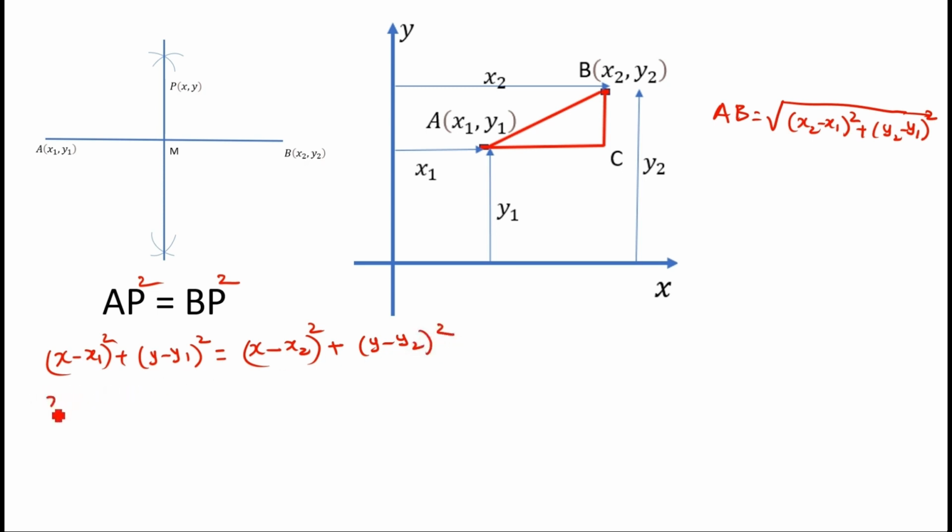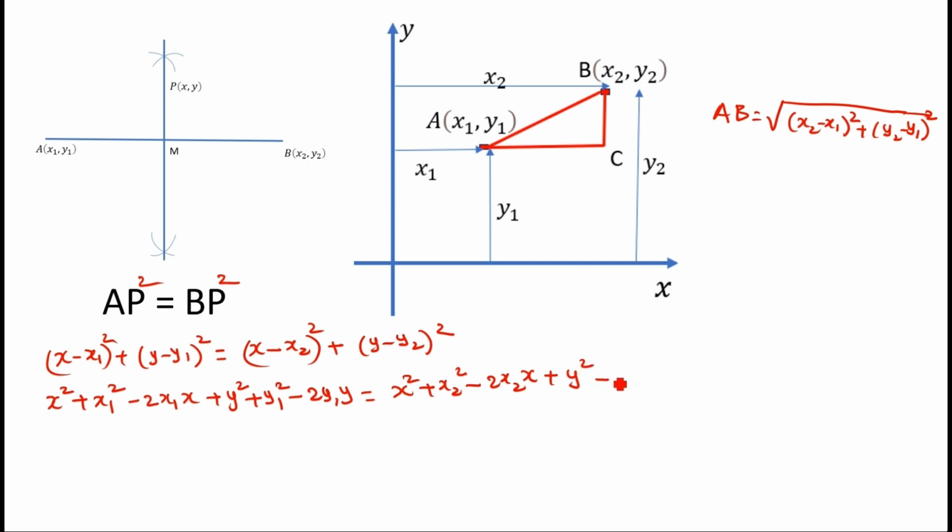If you simplify this, it is x square plus x1 square minus 2 x1 x plus y square plus y1 square minus 2 y1 y, equal to x square plus x2 square minus 2 x2 x plus y square plus y2 square minus 2 y2 y.